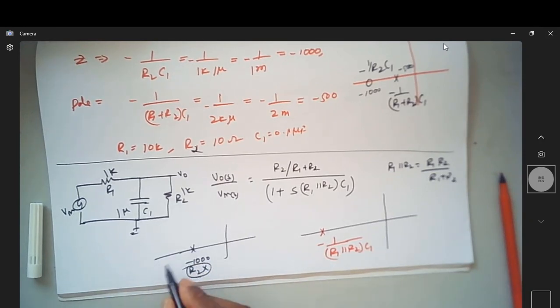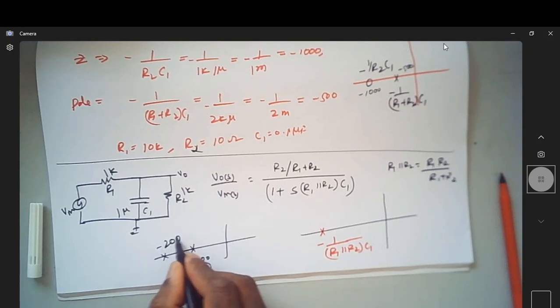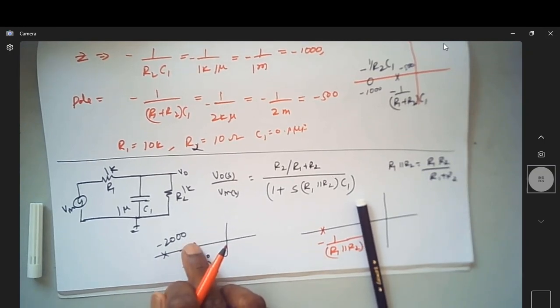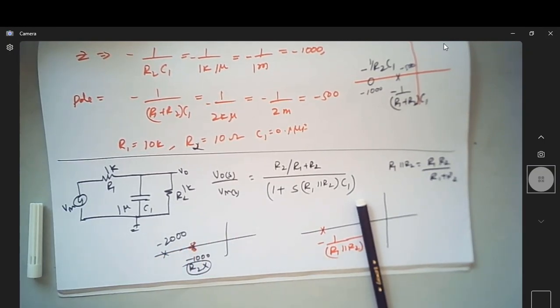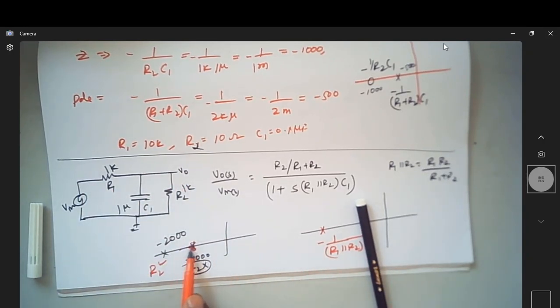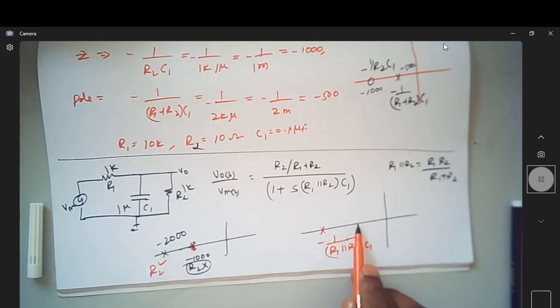The pole moves from minus 1000 to minus 2000. So the pole has moved towards the left side when R2 is in the circuit along with R1 and C1. The pole was earlier at minus 1 over R1 C1.